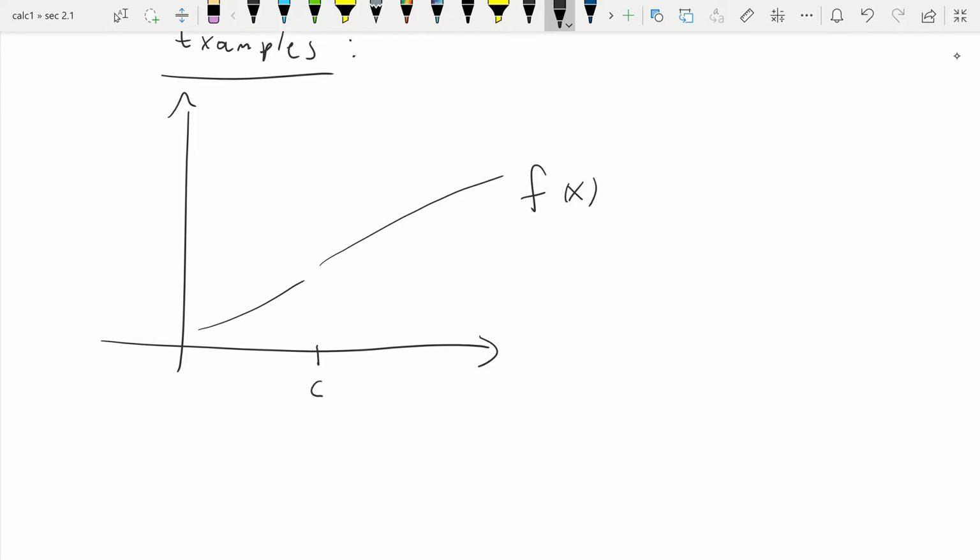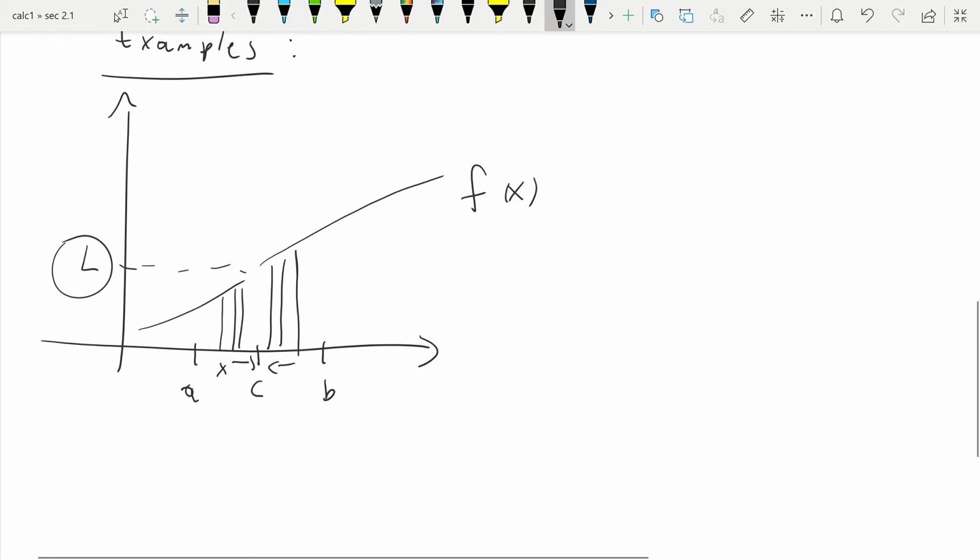This is a value c sitting inside some interval ab, and here we see that as x approaches value c from either side of c, the values of f get closer and closer to this number L over here.